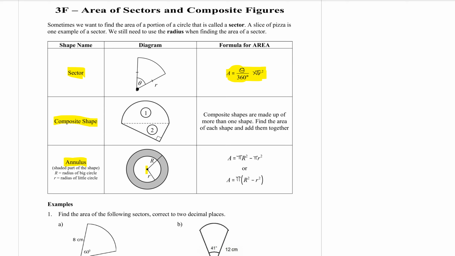So the area is pi R squared of the big circle and subtract off pi r squared for the little circle. Or you could factorize that formula to be this one here below. So either version of that formula can be used to find the area of an annulus.